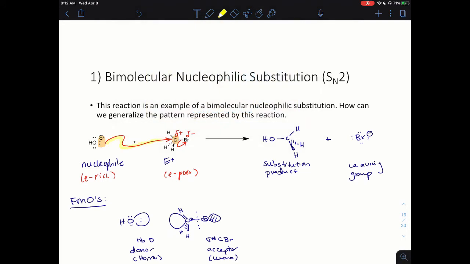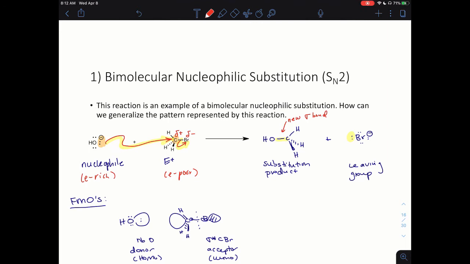So the electrons attack sigma star CBr, filling an antibonding orbital, breaks the bond, and then those electrons go with bromide. So we form a new sigma bond, and then there's a new lone pair on bromide. So new sigma bond formed in the product.